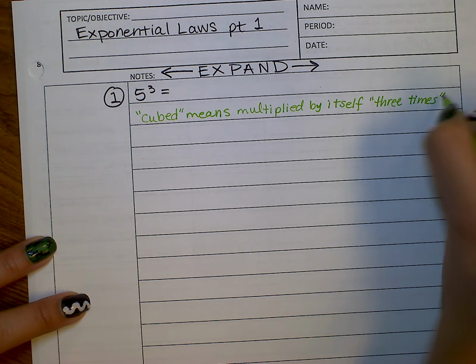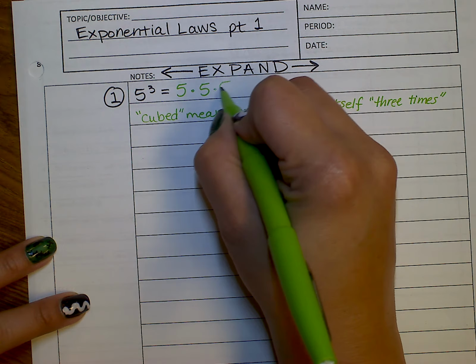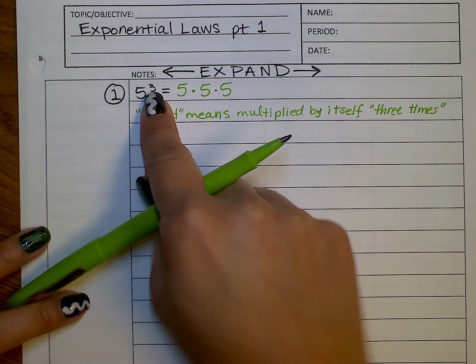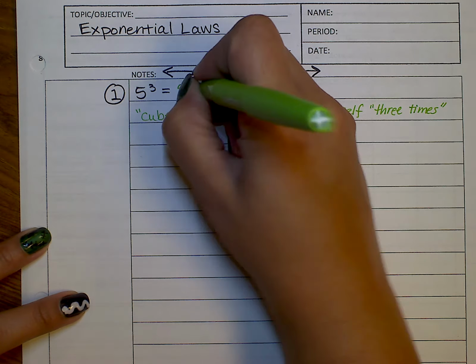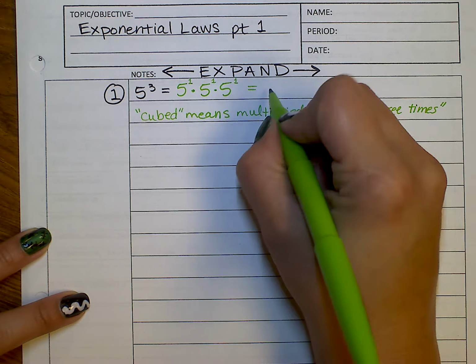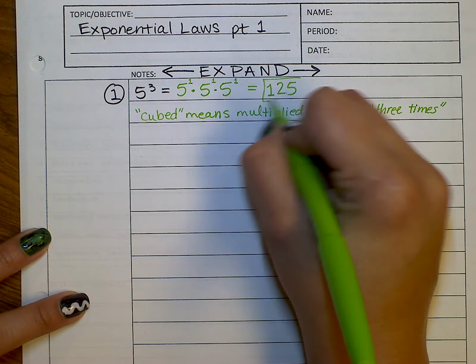So we did just that and expanded it to 5 times 5 times 5. And this one has an exponent of 3, but these have exponents of 1. So 5 times 5 times 5, 5 cubed, is equivalent to 125.